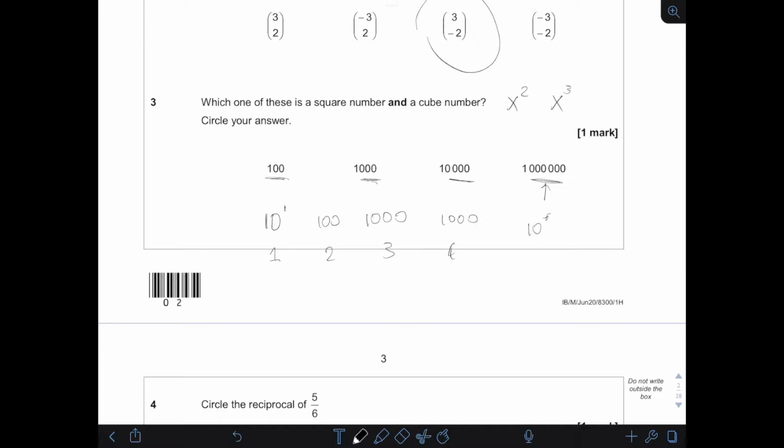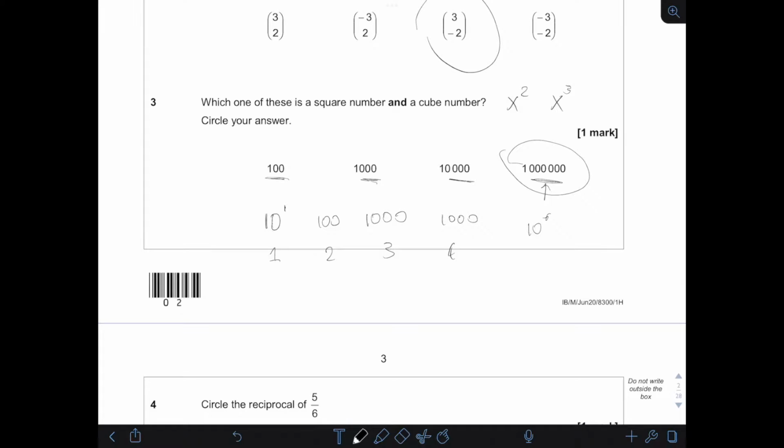So for a number to be both a cube number and a square number, the index has to be a multiple of 2 and 3, which is at least a multiple of 6.